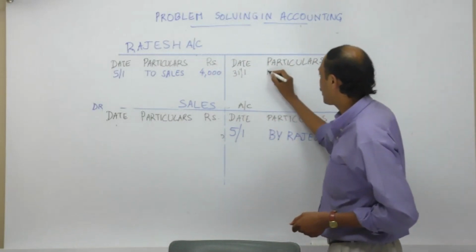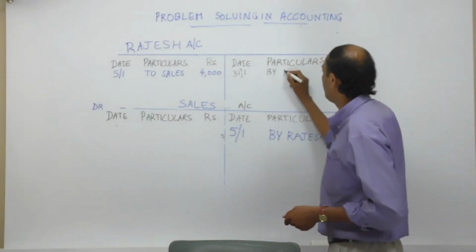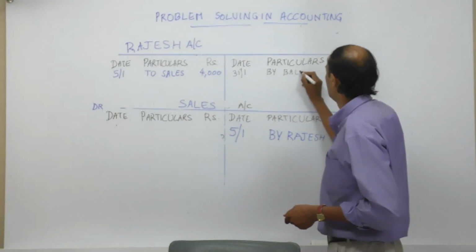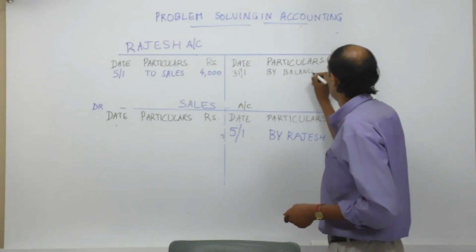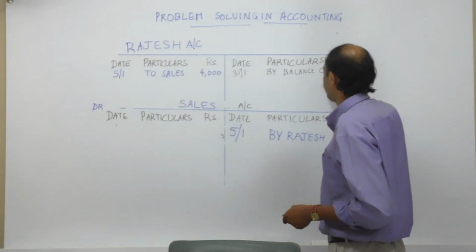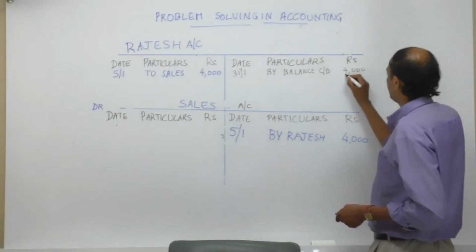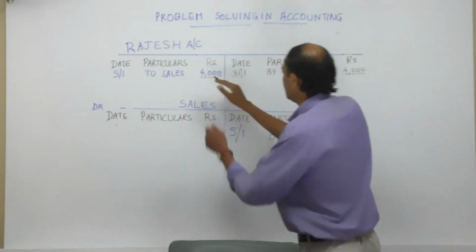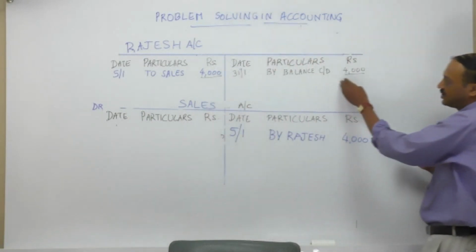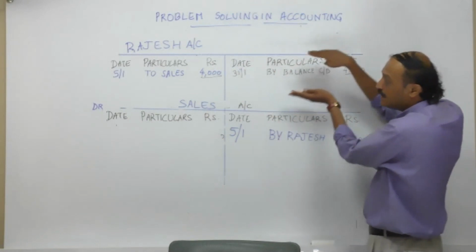Then you should write "by balance carried down" and write the same amount. So the balance as per the debit side is equal to the balance as per the credit side. So this will end this account.